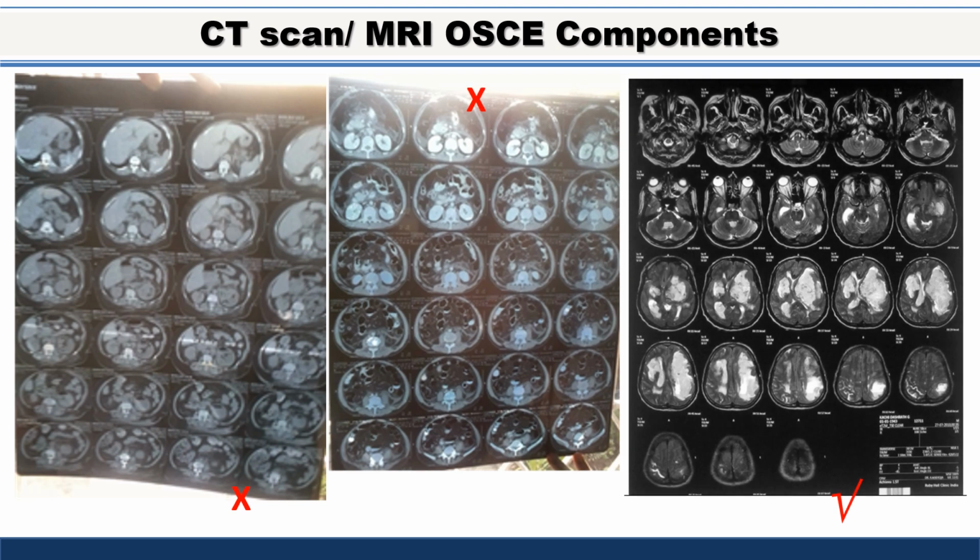Also, unacceptable images there, though the last one is very clear, very crisp. You don't need so many images unless you're bringing out some point. You could just have selected an area of interest.